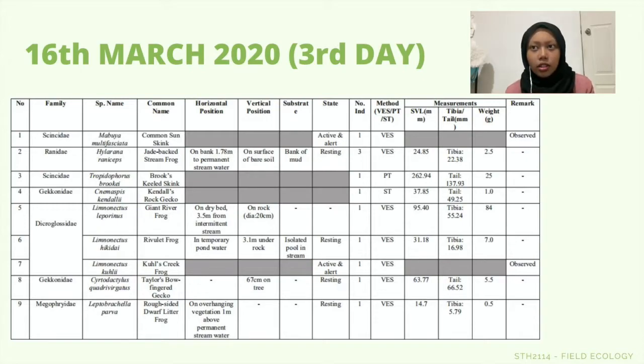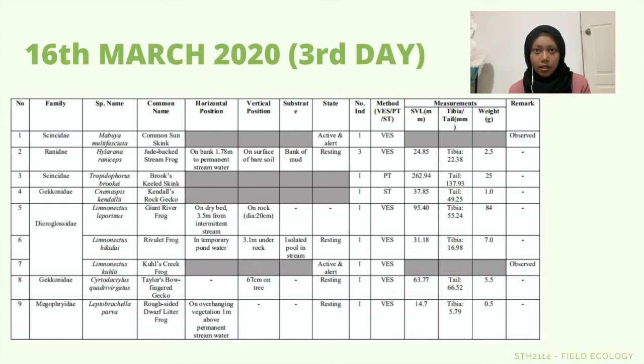A total of 3 individuals of this species were found during that day. The third family is Gekkonidae. It was found using the sticky trap during that day. And the next species is Cyrtodactylus quadrivirgatus. It was found in a resting state using the visual encounter survey method.